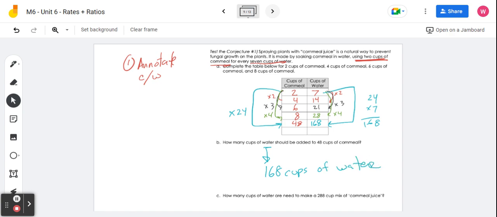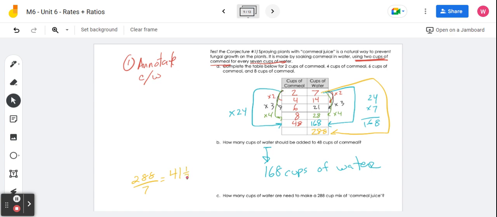Last, how many cups of water are needed for 288 cups? So now, 288 cups. So to go from 7 to 288, so this would be 4, and nope, that'd be 1, and then we have 1 left over, so it'd be 41 and 1/7.